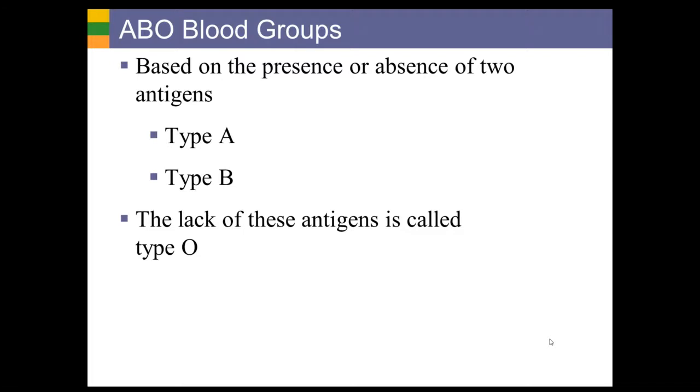Those are the two that your book discusses and that we're going to talk about here. The ABO blood group is based on the presence or the absence of two antigens.